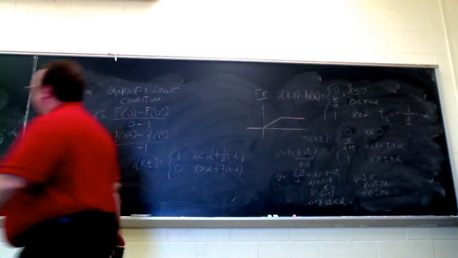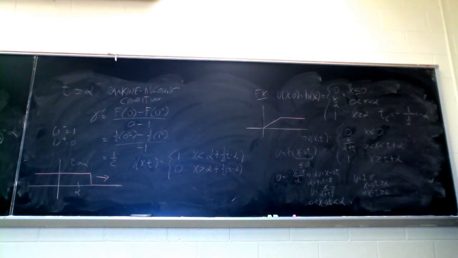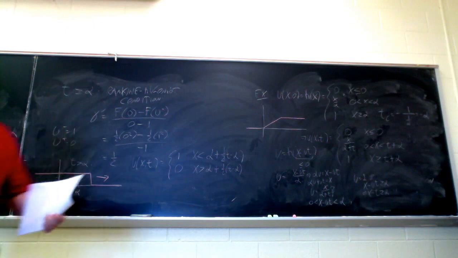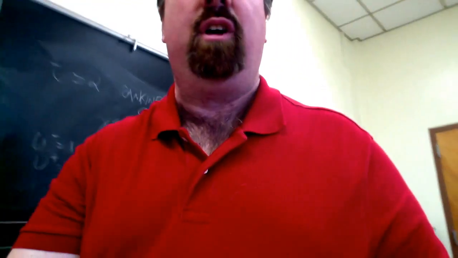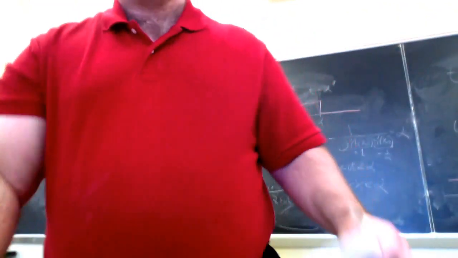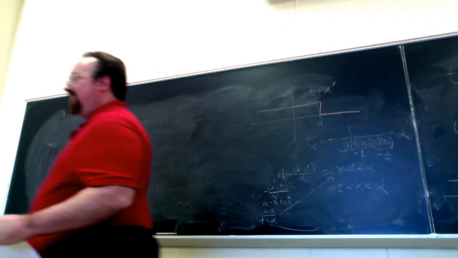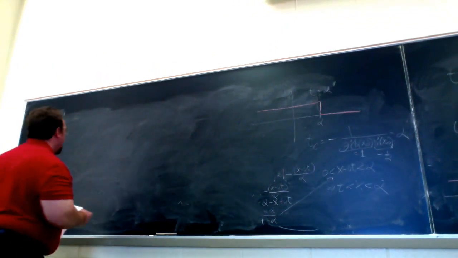The negative alpha is still alpha because, well, the point is, if there is a critical time at all, it's going to be negative. But we're only considering positive time, so there is not going to be a critical time. So we could just ignore it.